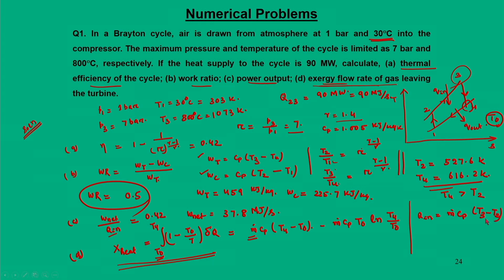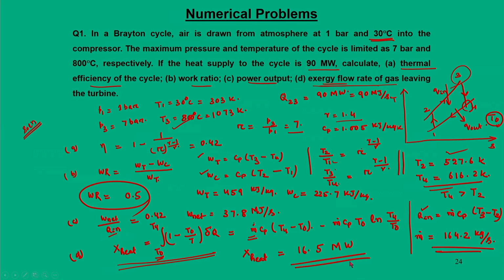Okay. So, T3 is known, T2 we also found out, and Q in is also known as 90. So, from this we can find m dot as 164.2 kg per second. Now, when you put all these parameters into m dot Cp T4 T0, we can find out X heat as 16.5 megawatt, or megajoule per second.